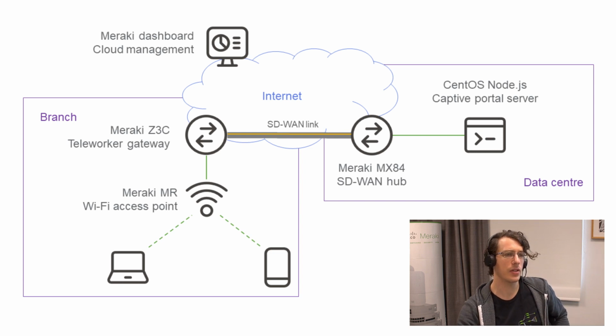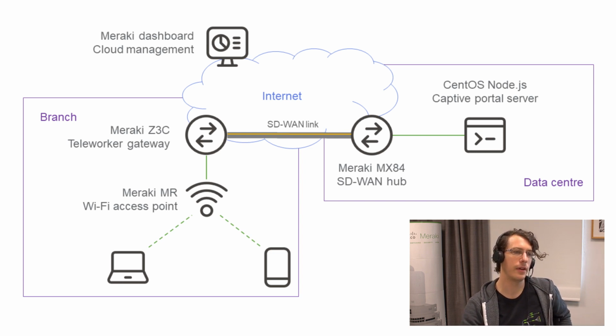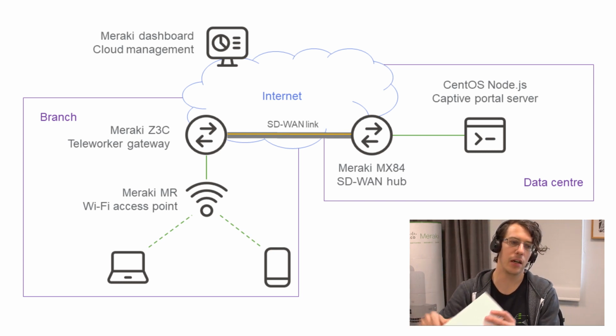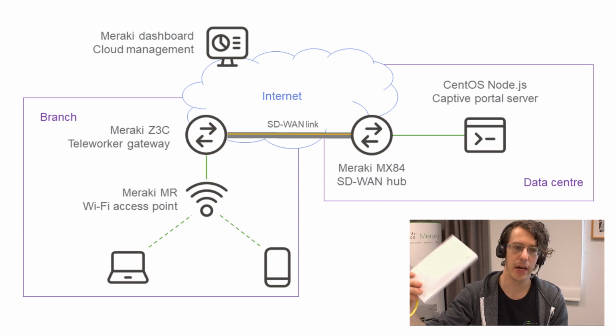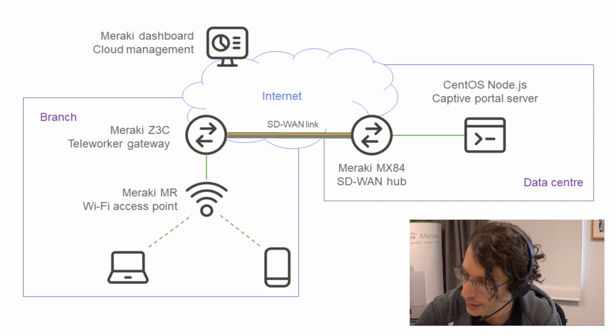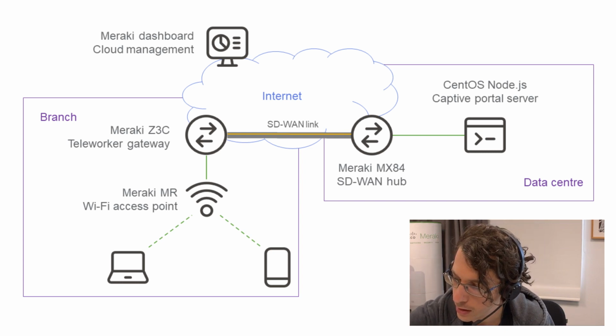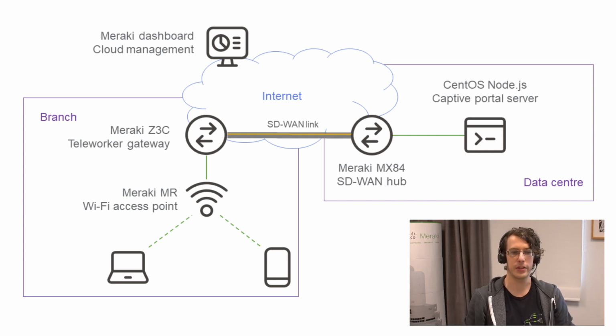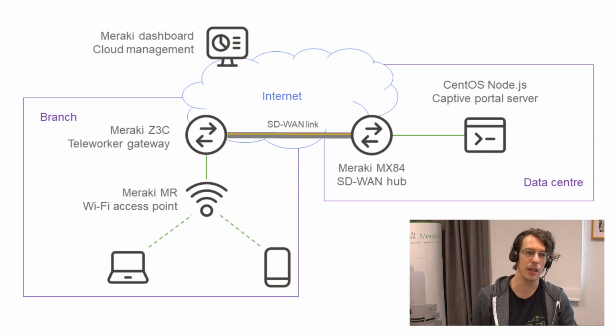So how I have achieved this: I have two locations on two separate internet connections. Here on my desk, I have my Meraki MR33 access point, which is connected to my Meraki Z3C teleworker device that has an LTE uplink, and they are the devices that you see on the left on the diagram.